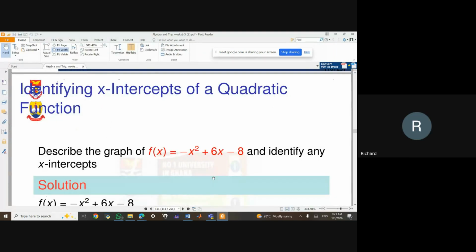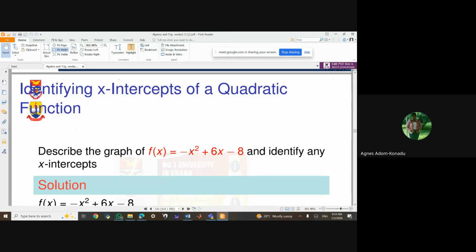Okay, thank you. Welcome. So we have another one. We want to describe the graph of f of x is equal to -x squared plus 6x minus 8, and we identify the x-intercepts. Okay, so we're using the quadratic and completing the square. But looking at this, how will the opening be?